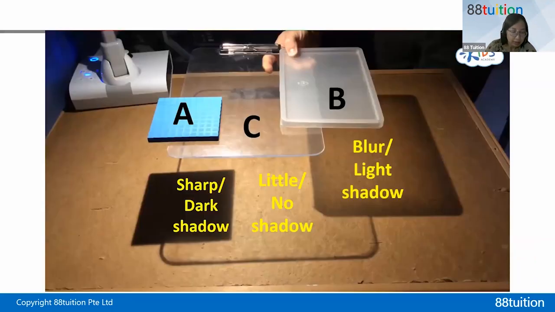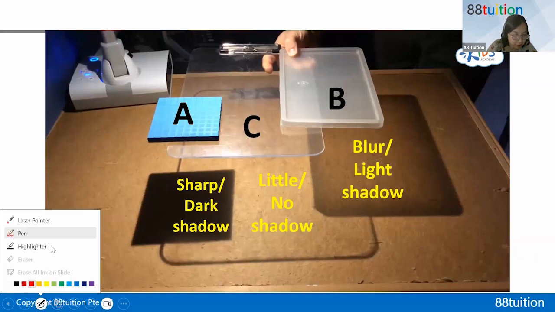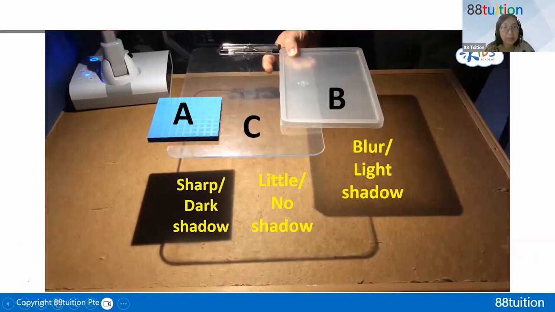All right. So now these are 3 materials, A, B, and C. We went through this slide last week. This is just testing you. Can you tell me which material is opaque? Is it A, B, or C?